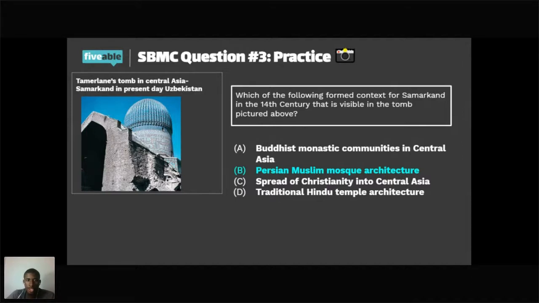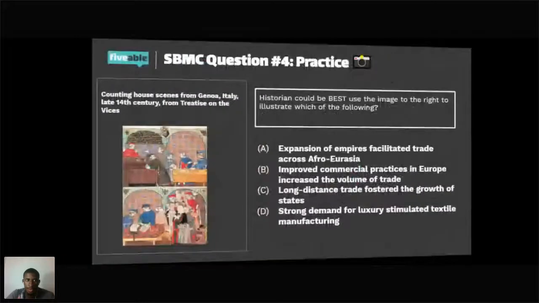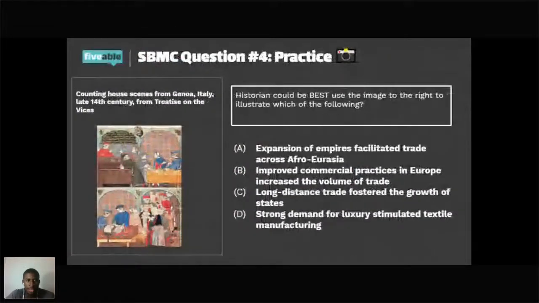Next question, question number 4. So this image has to do with counting house scenes from Italy in the late 14th century from the treatises on the Vices. Historians could best use the image to the right to illustrate which of the following.